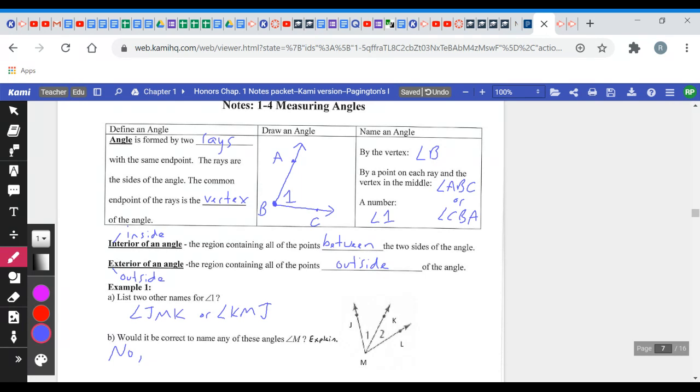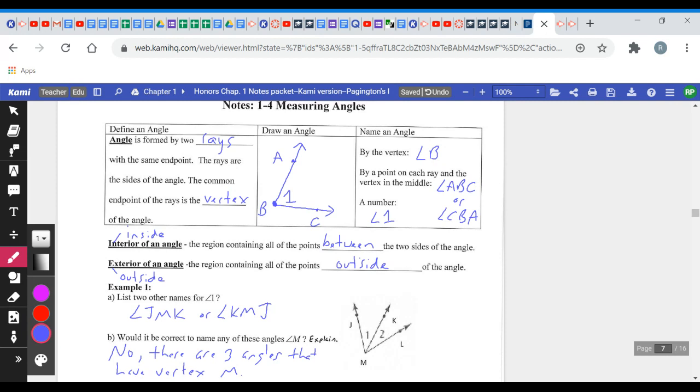So I said that no, there are 3 angles that have vertex M. If I just said angle M, you would not know which one I'm referring to.